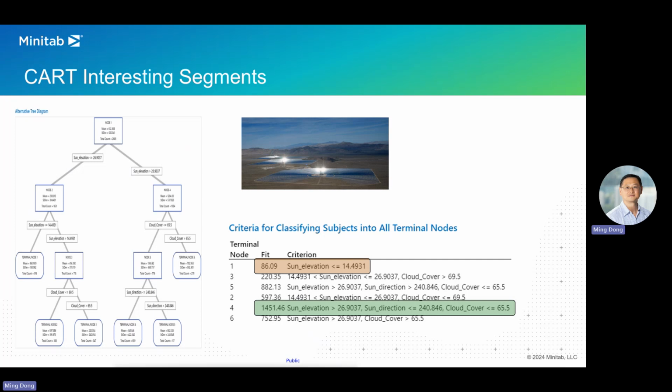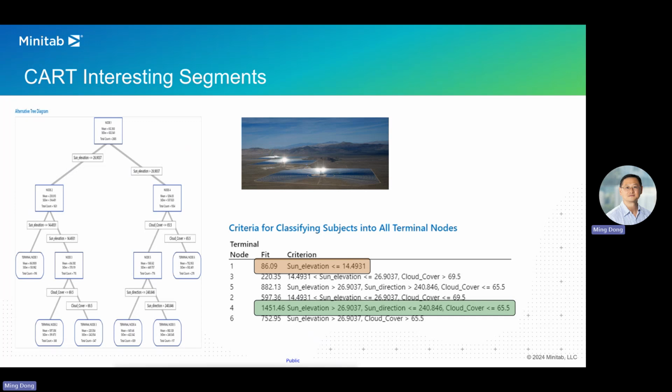Again, CART gives you a tree, and this tree tells you under which condition how much energy is generated, through different terminal nodes, which are different kinds of rules. So we can easily figure out under which conditions the energy generated is low, and also very, very high. For example, if the sun elevation is less than 14.49, the energy generated is only 86 units.